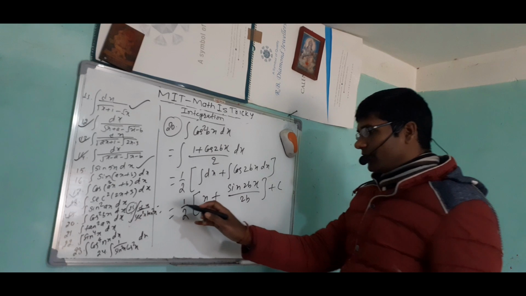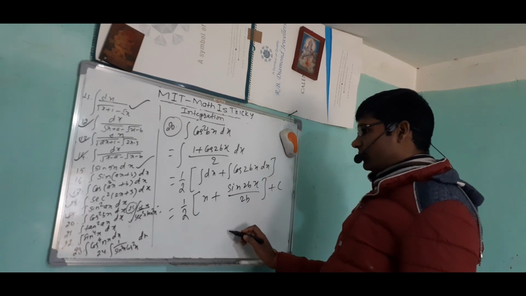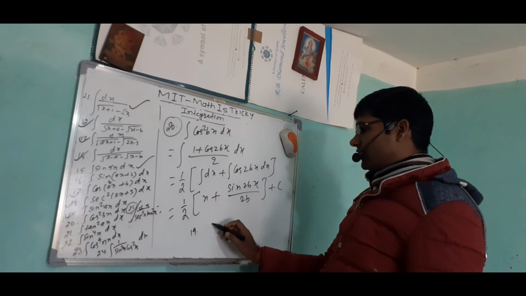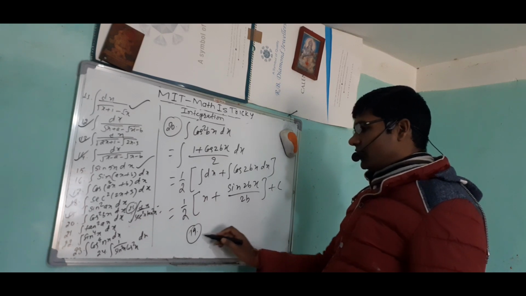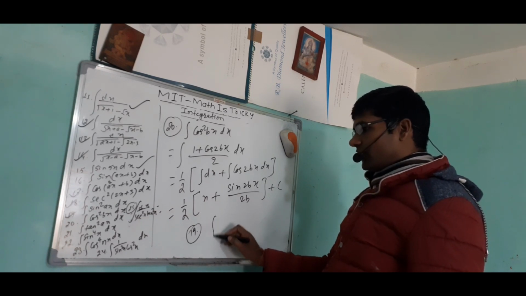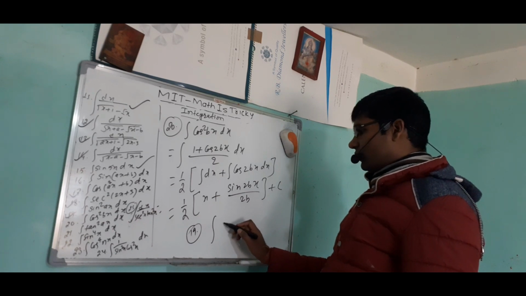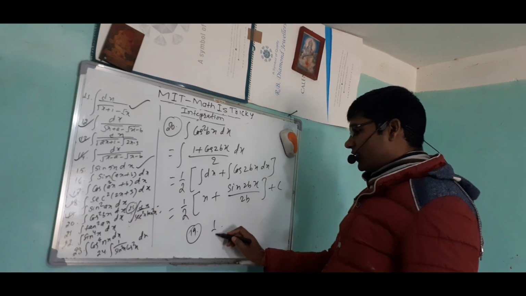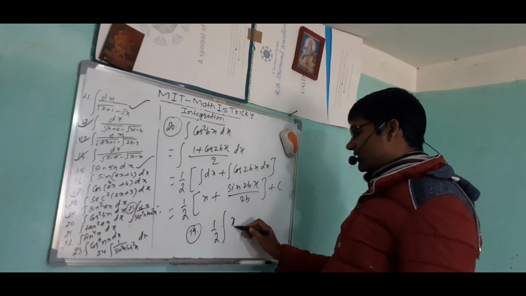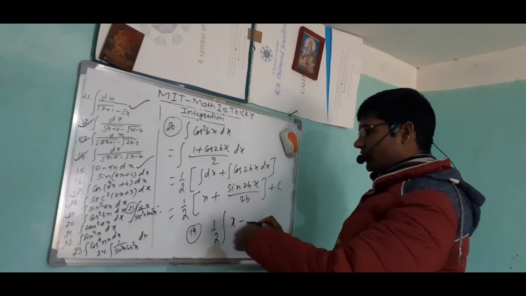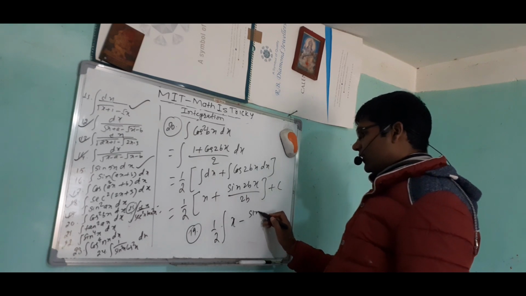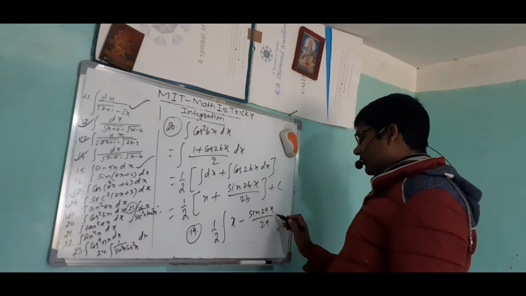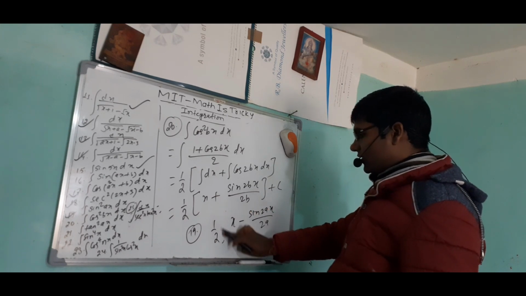As before, for question 19, if you remember the answer, it will be 1/2 in that case also: simply x minus sin 2ax/2a. So this is going to be the answer in the case of 19.